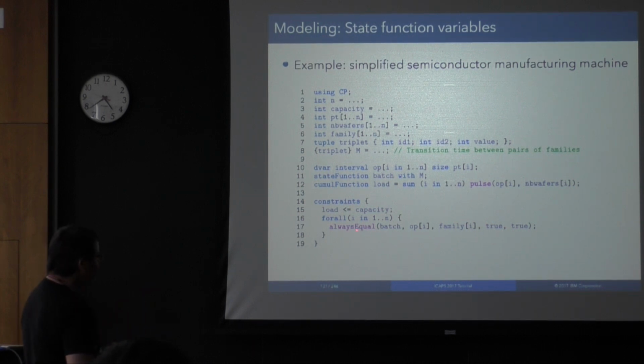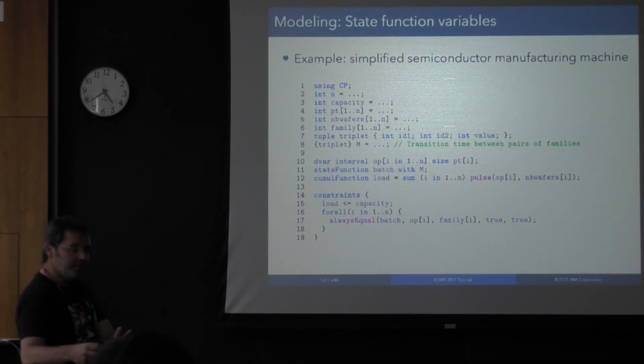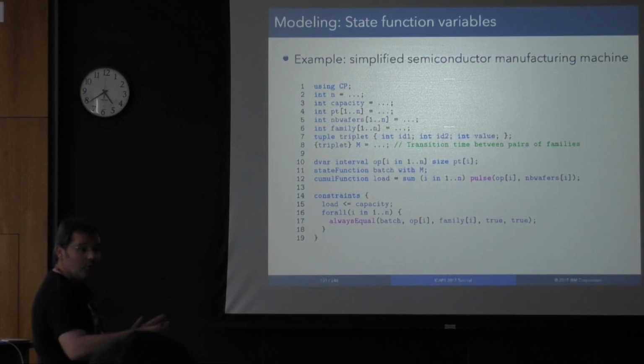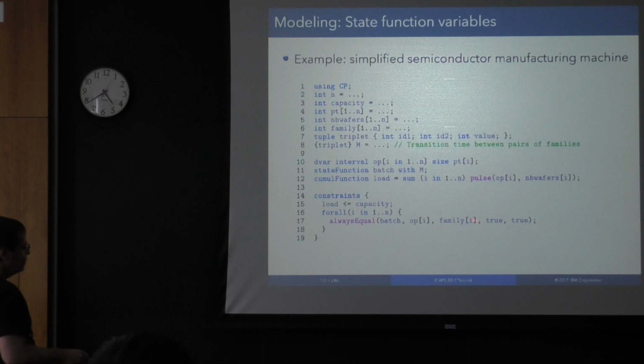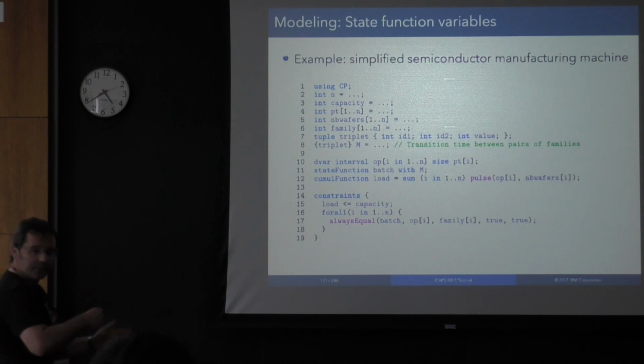And in order to make the batch, you will say exactly what I was saying before. On the state function batch that represents the different states of the machine, the different families of operations performed by the machine, you will say that each operation requires the batch to be of the right family, okay, and then it will be synchronized on the start and the end.